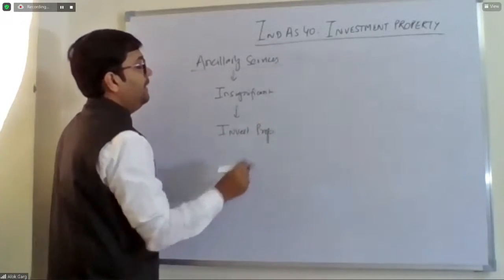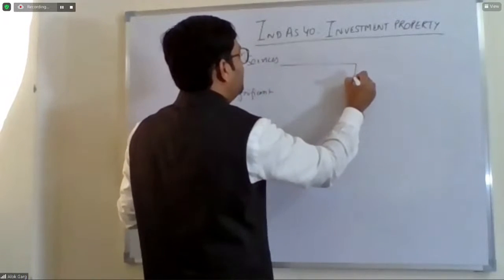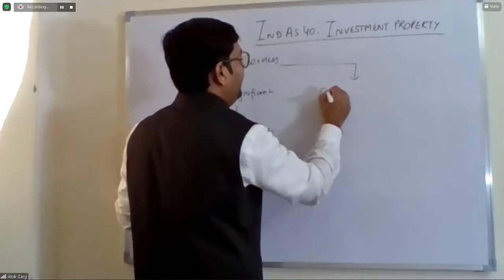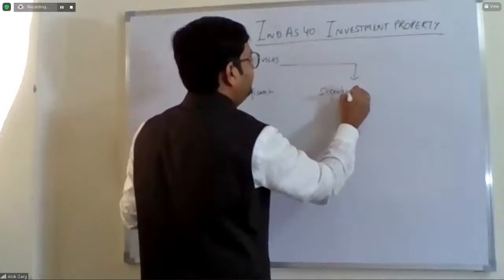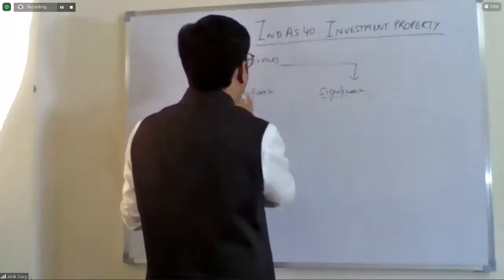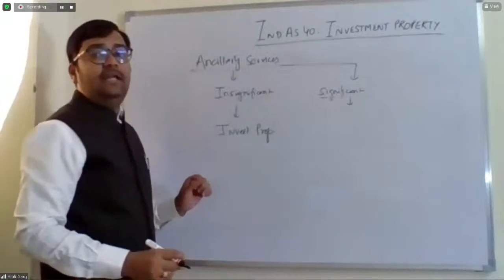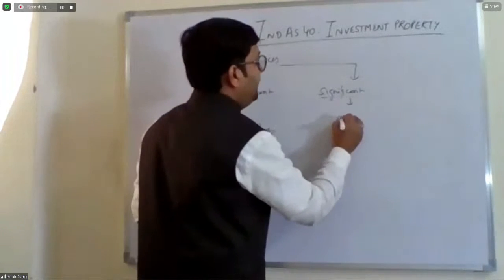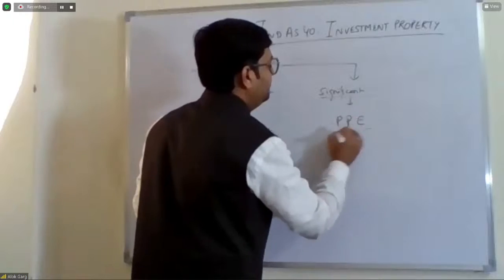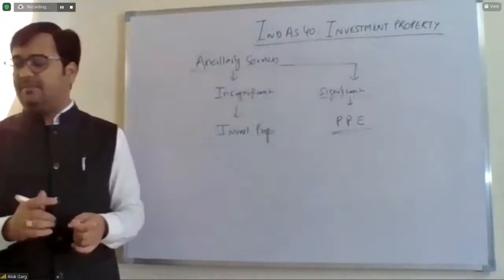But if the portion of the ancillary services is significant, in that case it has to be shown as property, plant and equipment.